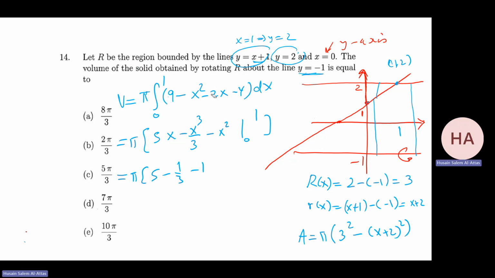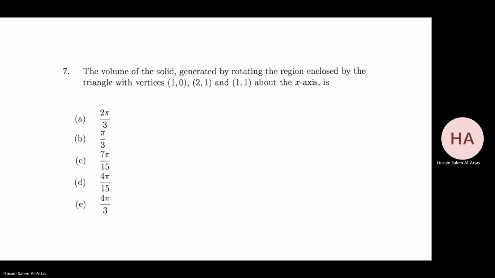Sorry, this is 4x. This is x squared plus 2 times 2, that's 4x plus 4. So the 4x and x squared terms give minus 2x squared. That gives 3 minus 1 over 3, which is 9 over 3 minus 1 over 3, 8 over 3 times pi. 8 pi over 3. Okay.